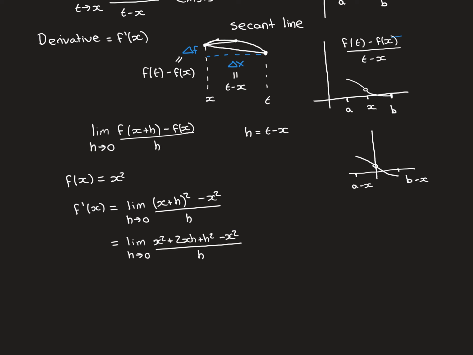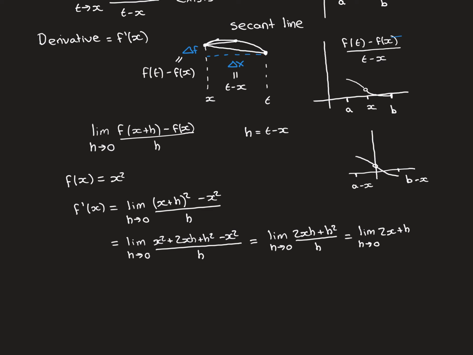We can then do a bit of algebraic manipulation, so just expand this bracket, we'll get x squared plus 2xh plus h squared minus x squared divided by h, and we're of course going to cancel those x squareds. So that leaves us with this is equal to the limit as h approaches 0 of 2xh plus h squared divided by h.